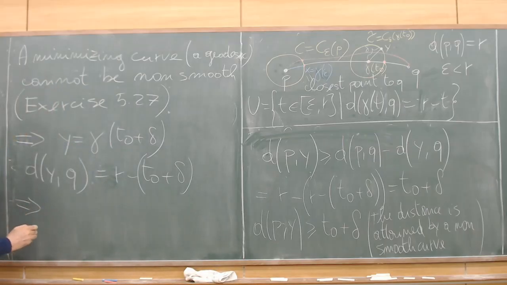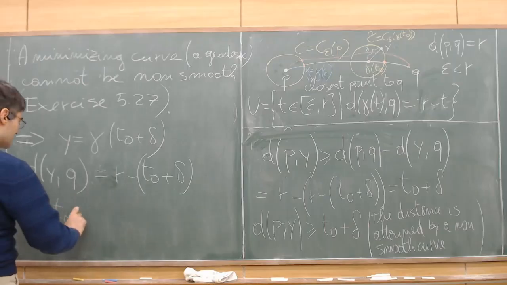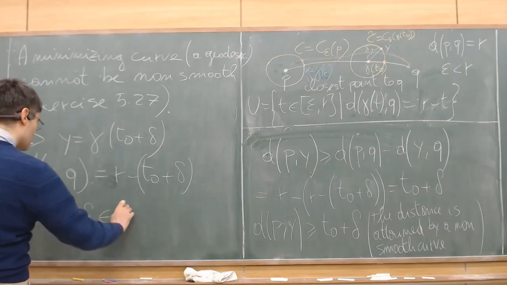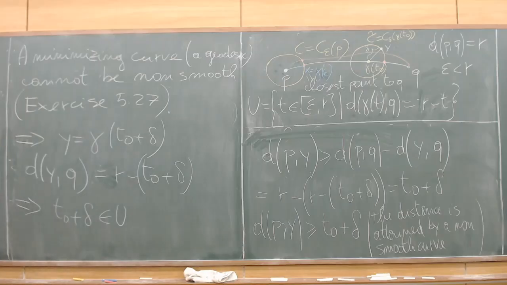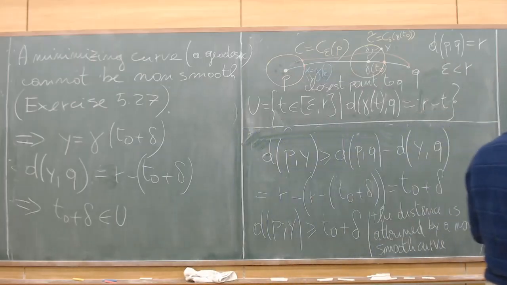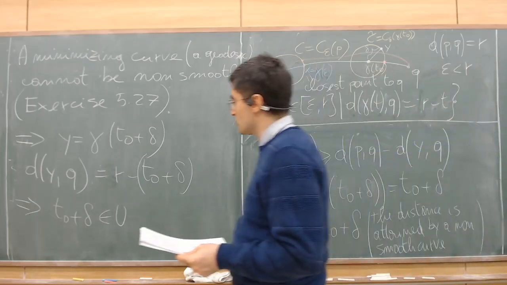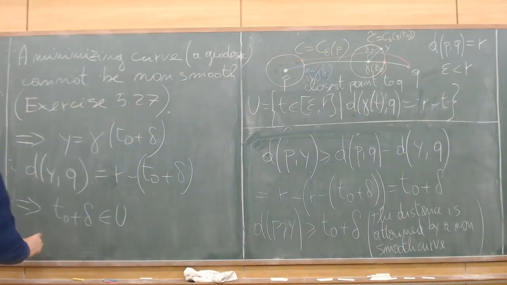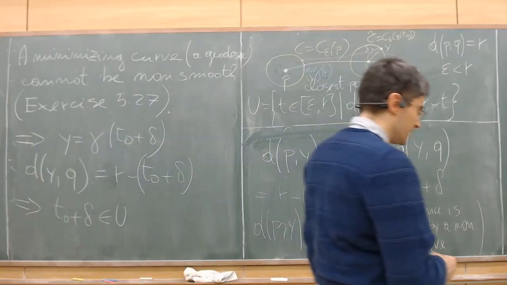This says that T0 plus delta belongs to U. So we proved the following fact.